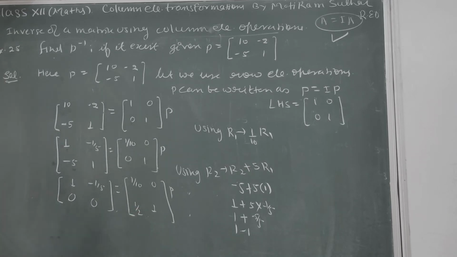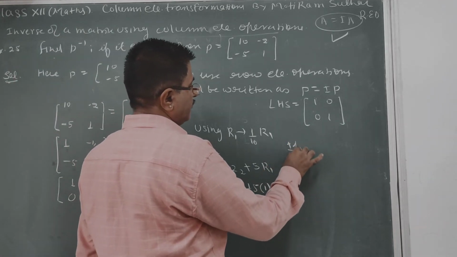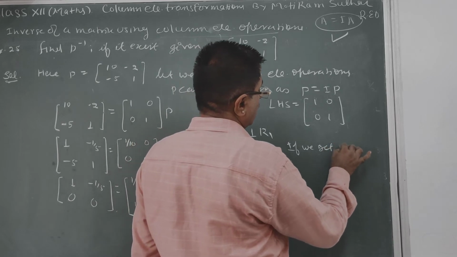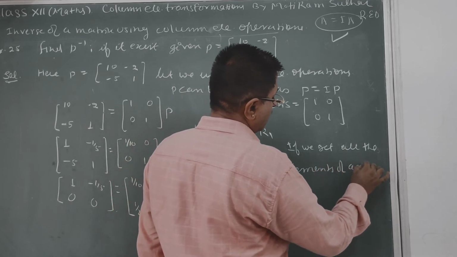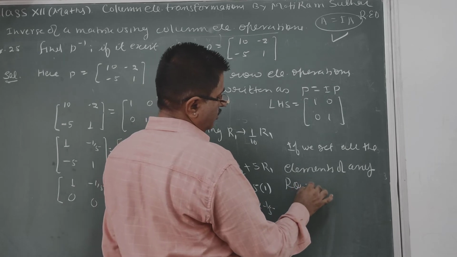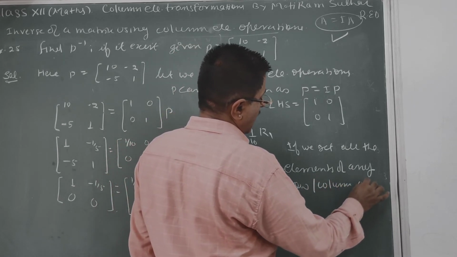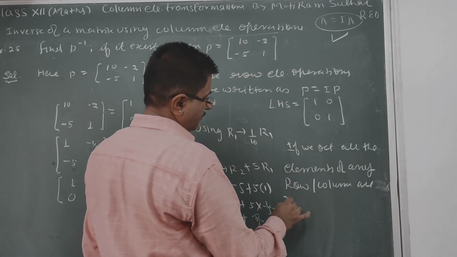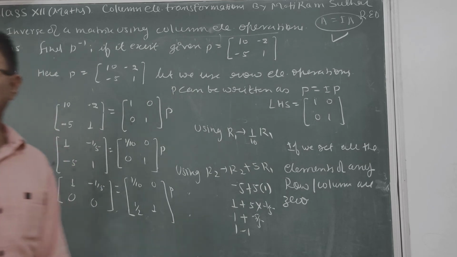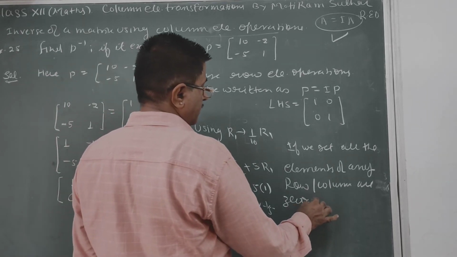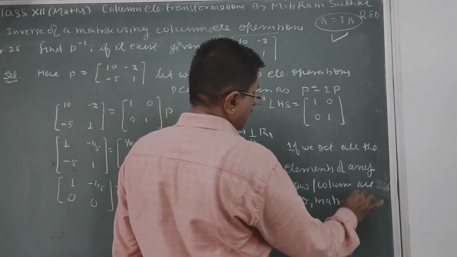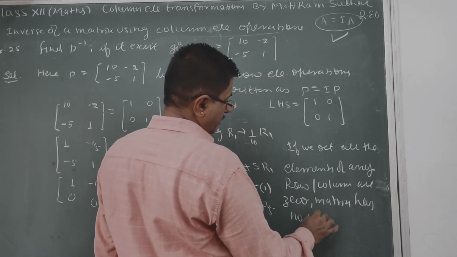Here we have applied the rule and one point we have already noted. एक point मैंने बताया था, if we get all the elements of any row or column as zero, then the matrix has no inverse, or the inverse does not exist.